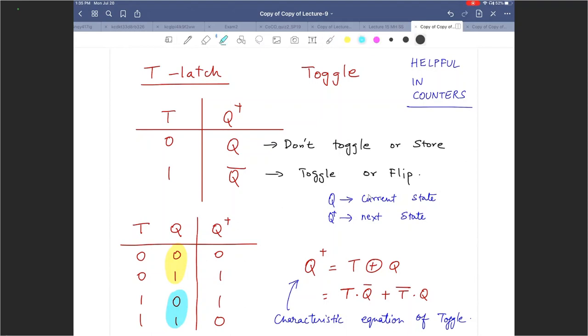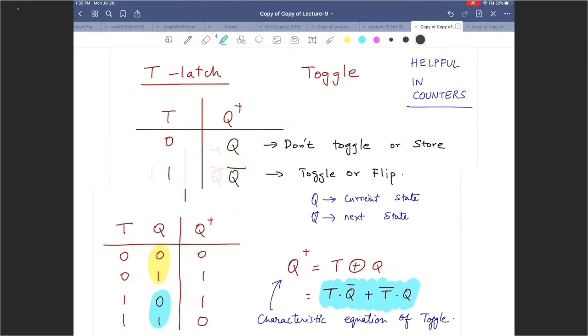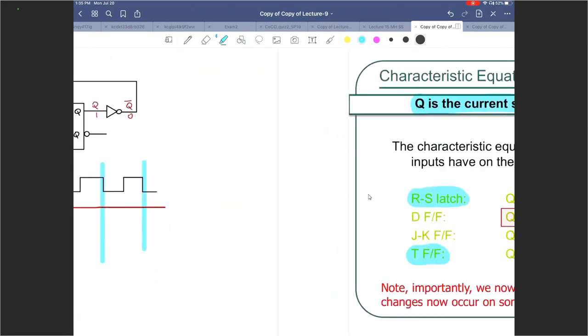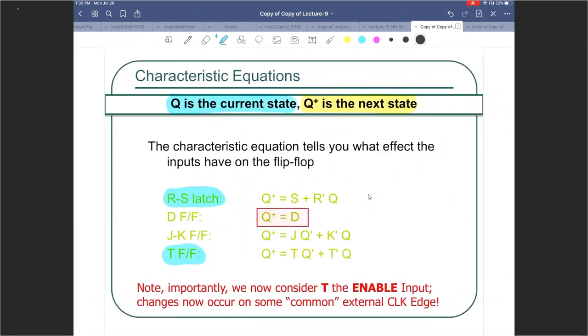We derived the characteristic equation of T here. So, sorry, we had already done that. Let me come back to this page right here. So Q plus equals J Q complement or K complement Q, derived earlier. Q plus for T flip-flop, the characteristic equation is T and Q complement or T complement and Q.